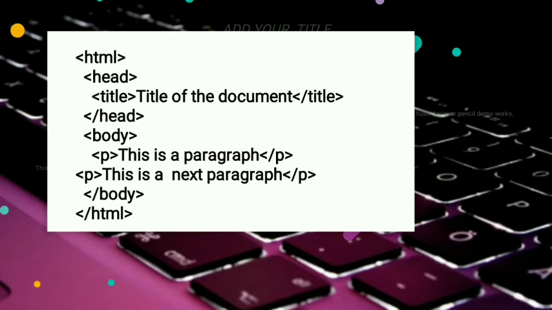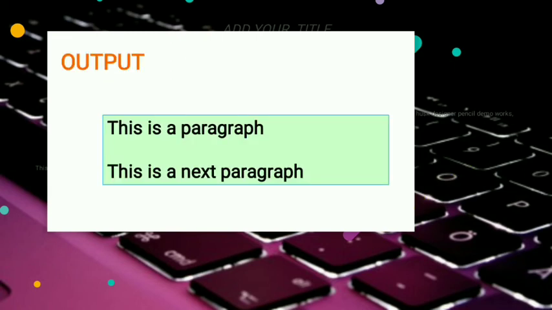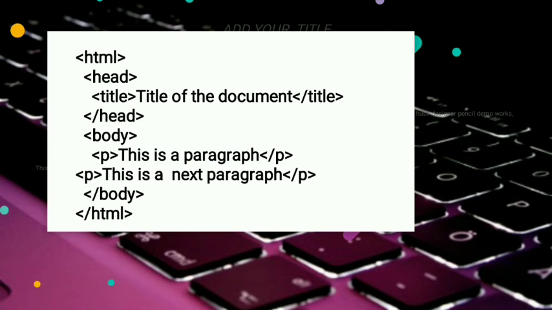There are two texts inside the body tag. Look at the output: this is a paragraph, this is the next paragraph. There is one single line break, one space between the two texts. Okay, this is the use of the paragraph tag.